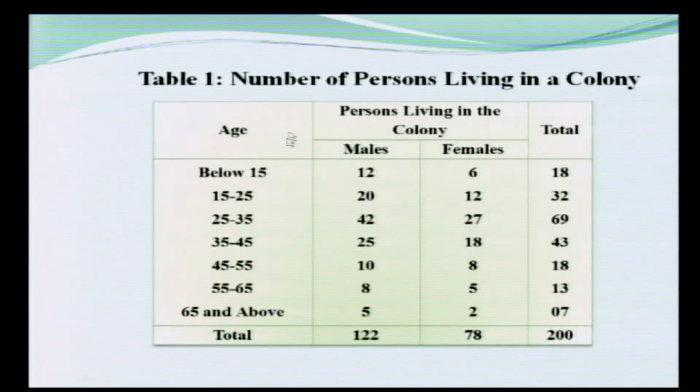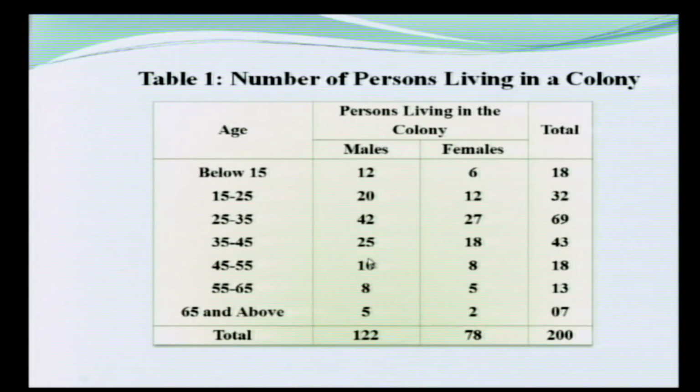So that is the example here on your screen. We have given the table number, table number 1. There is a heading, number of persons living in a colony. It provides the information that the persons living in a colony consist of these numbers: 12, 20, 42, 25.